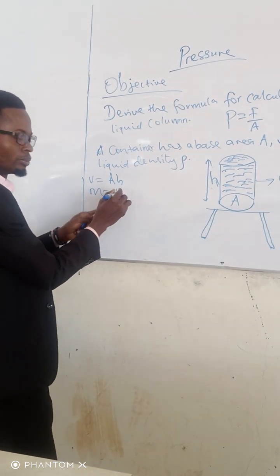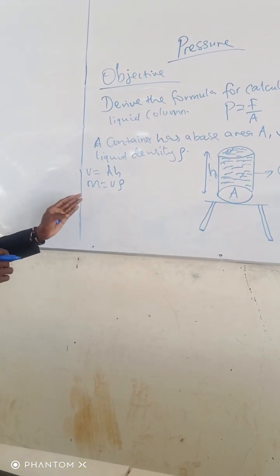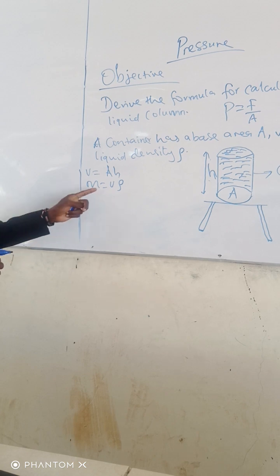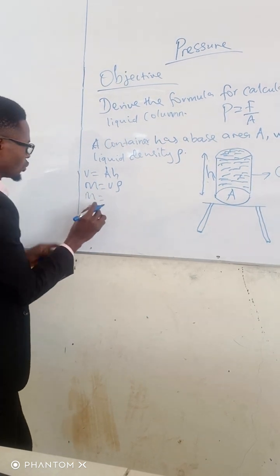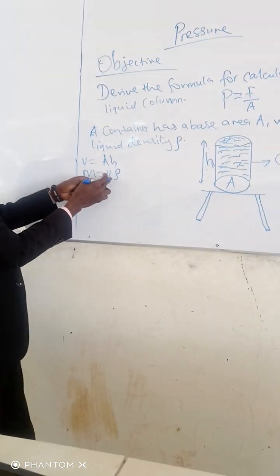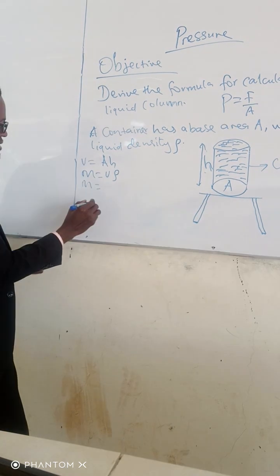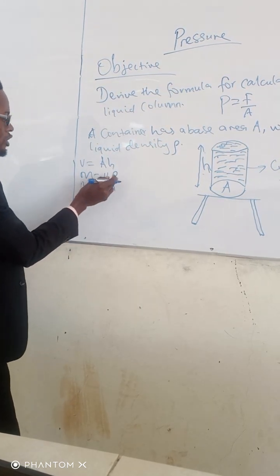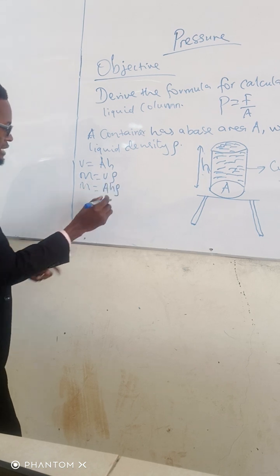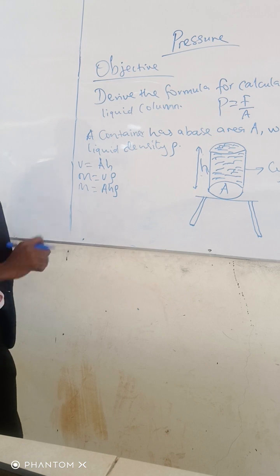Now that we have this, we know that volume is given as area multiplied by height. So our mass now is going to be area multiplied by height multiplied by liquid density, which is given as rho. So this is where you need to start.